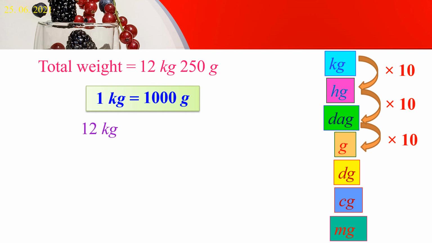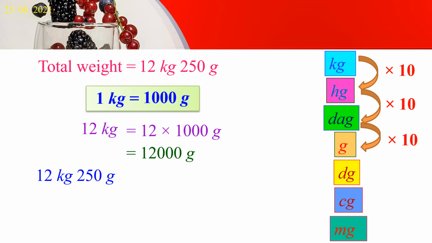Now, we have to convert 12 kg to gram. To convert 12 kg to gram, we have to multiply by 1000. So 12 into 1000 is equal to 12,000 gram. 12 kg is equal to 12,000 gram. Now let us take 12 kg 250 g to convert it into gram.